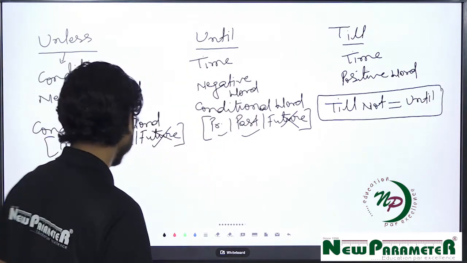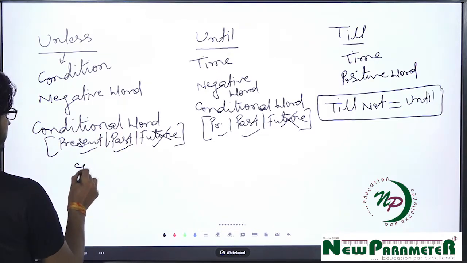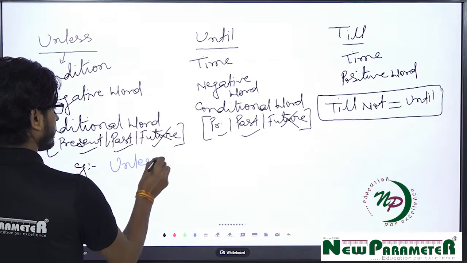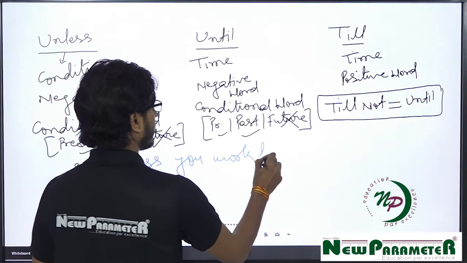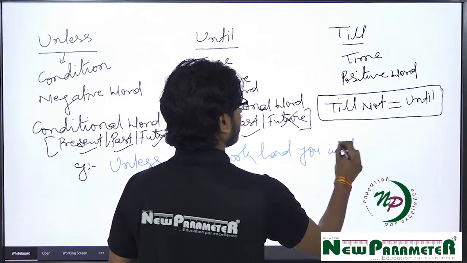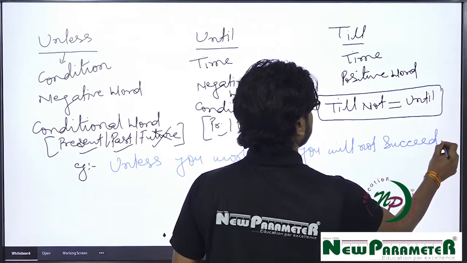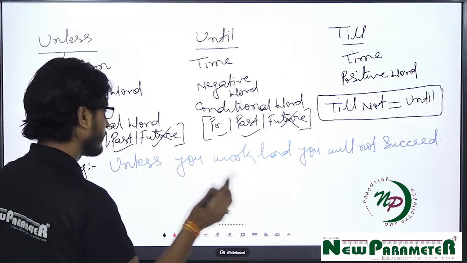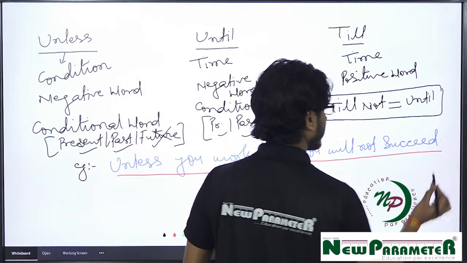Say for example, unless you work hard, you will not succeed. So, in this sentence, we have two clauses, "unless you work hard", and another is "you will not succeed".